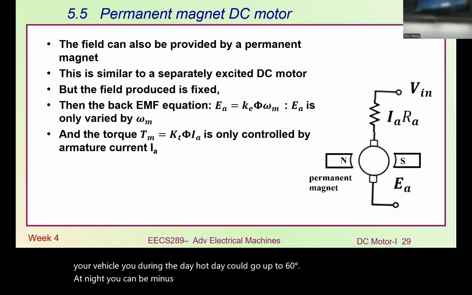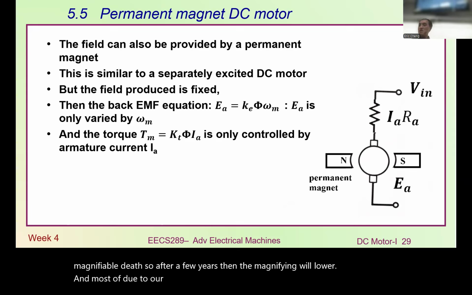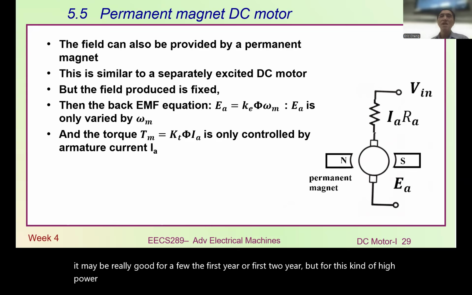Such a wide temperature variation will weaken the magnetic dipoles there. So after a few years, the magnetic field will be lower. And also due to vibration and collision, the magnetic dipoles become weakened. So it may be really good for the first year or first 2 years, but for this kind of high power application, probably it cannot last for too long.